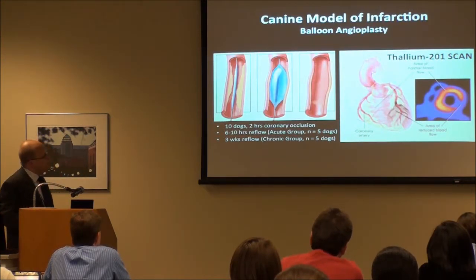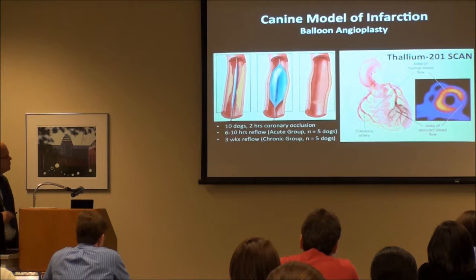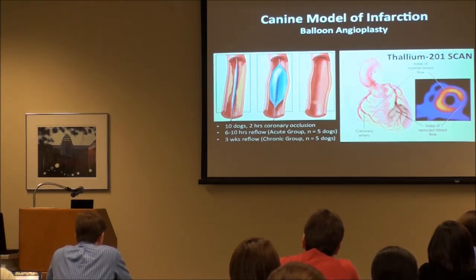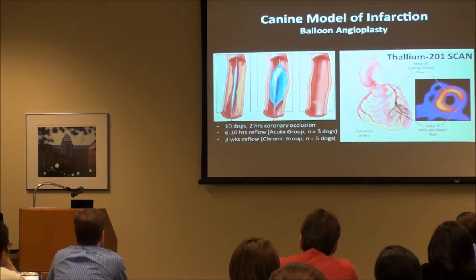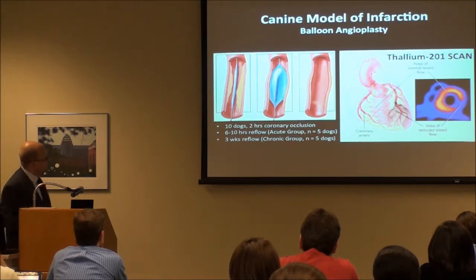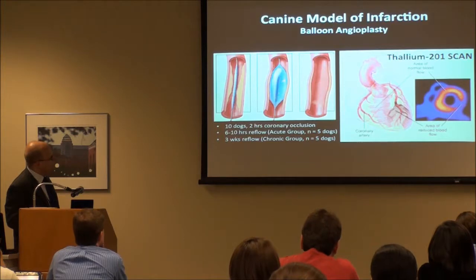We did this by balloon angioplasty. This is the typical catheter with a balloon, which is used for placing stents, for example, in human coronary arteries. But in this case, we inflated the balloon and kept it for about 1 or 2 hours, and then we occluded the coronary tree, causing the infarct, which was shown here by the thallium scan.